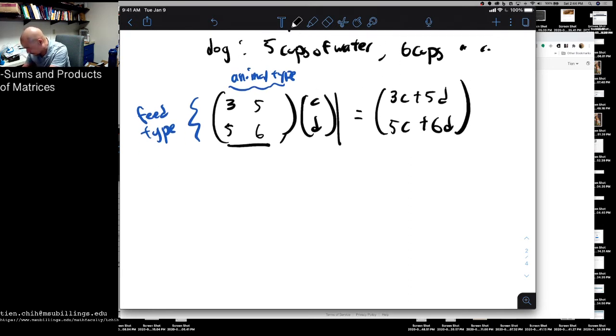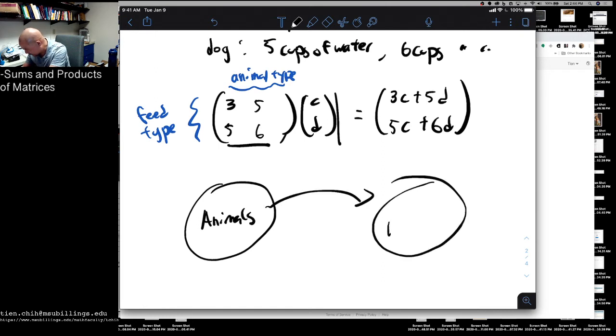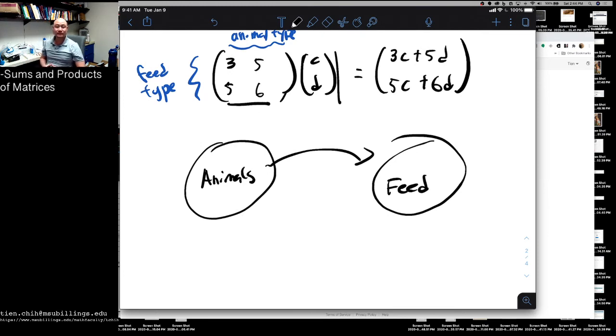In other words, this matrix represents a sort of transformation from animals to feed. Every time I multiply by a matrix, it's meant to transform one type of variable into another type of variable.